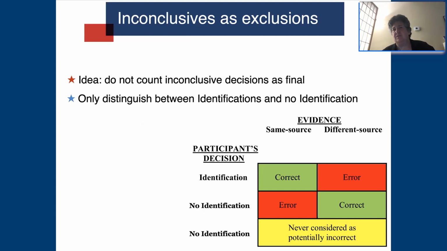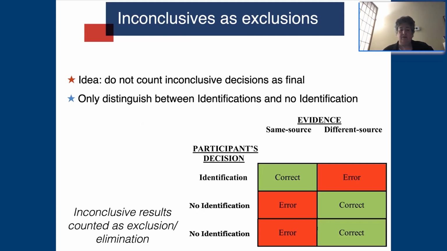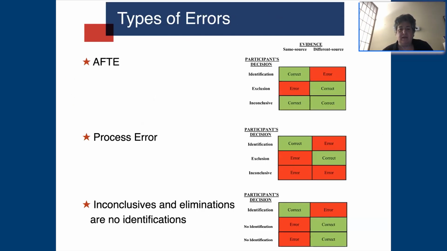So essentially, we're treating an inconclusive as not an identification. That means that if they're a different source to start with, we would consider an inconclusive as correct, or not an identification. And if they were same source to start out with and resulted in an inconclusive, then we say that this is an error. So we count inconclusive results as exclusions or eliminations.